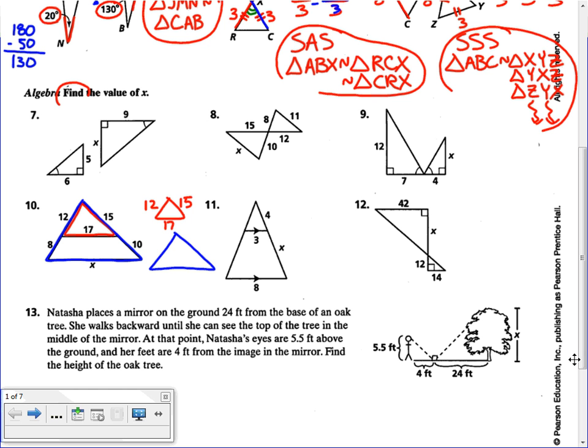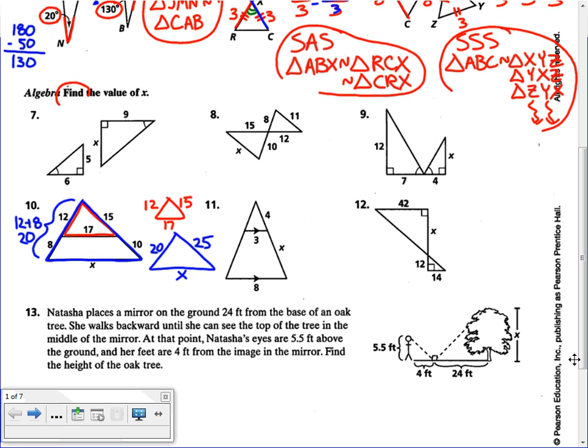If I go down, ooh, interesting. How do I figure out what this whole length is? Well, I just take the 12 and the 8 and add them together. So I know that whole length is 20. Do the same thing with the other side, then I know this whole length is 25. And then down at the very bottom is the x.